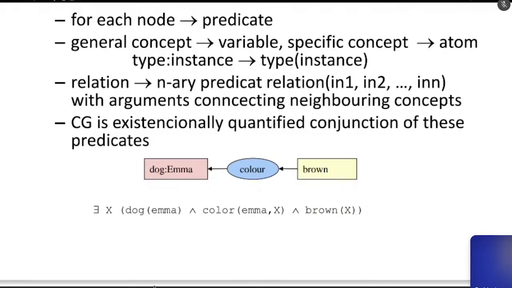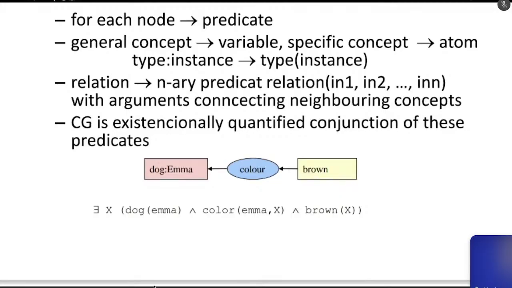They didn't say color, so I'm just saying X. So there exists X such that Emma is a dog and color of Emma is X and that X is brown. So what is the idea here? Emma is a dog. So there's a dog called Emma and it is brown. So Emma the dog is brown.